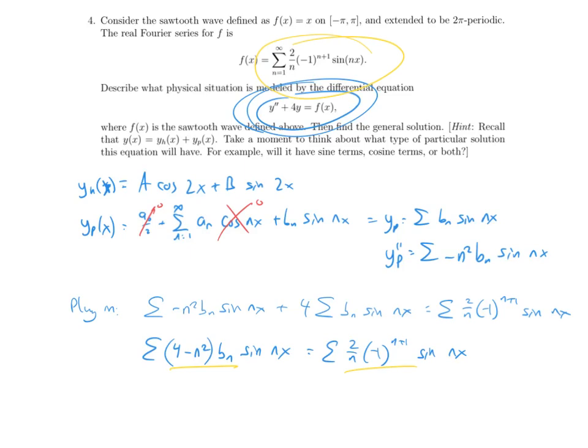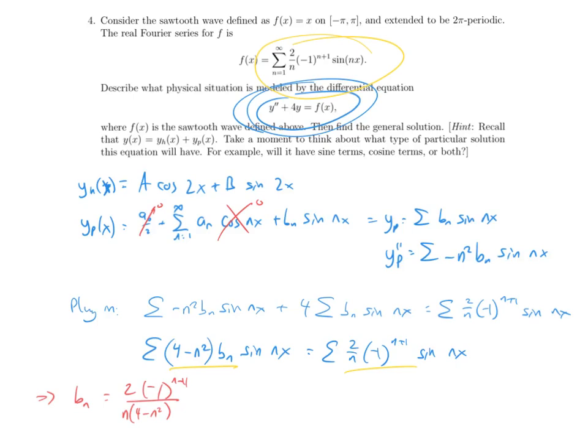And so what this says is that bn equals 2 times negative 1 to the n plus 1, over n times 4 minus n squared. Did I do that right? I'm making sure I didn't miss something.